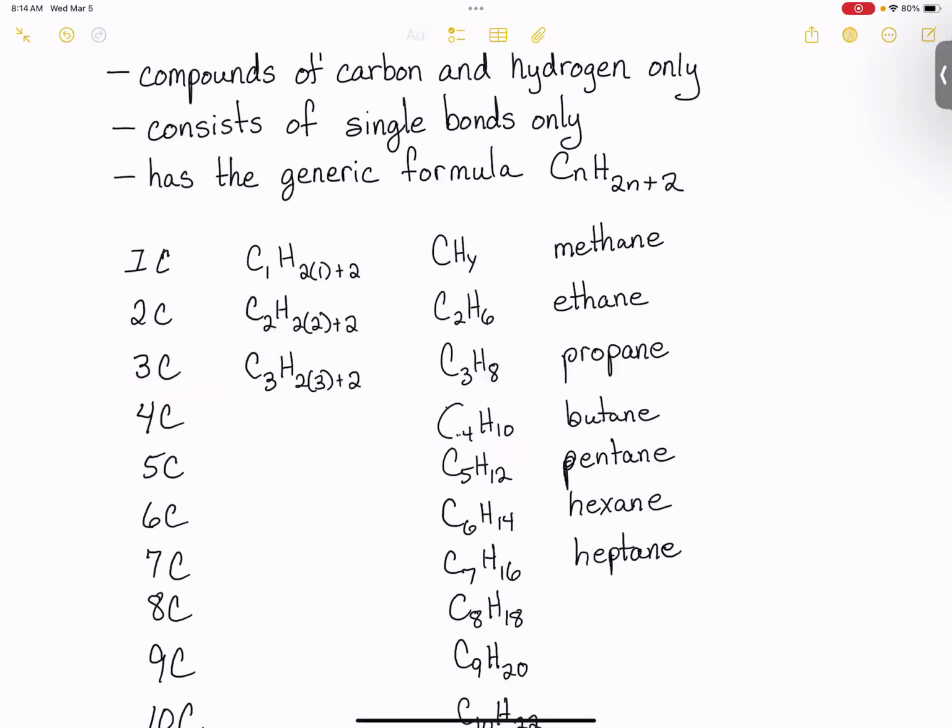The next alkane, C8H18, is actually quite important to anybody that drives because it is associated with the gasoline that is put into a vehicle. And that is the gasoline octane.